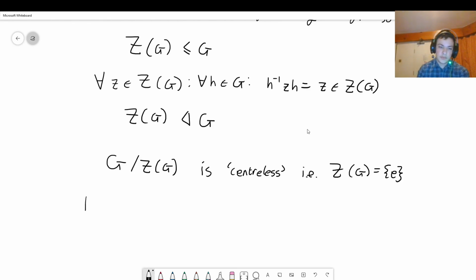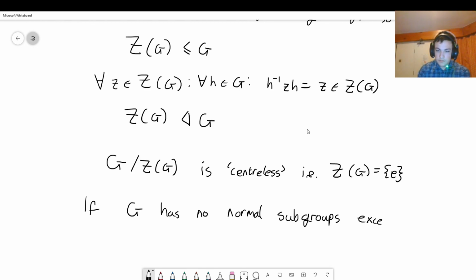If G has no normal subgroups, or no proper non-trivial normal subgroups, so no normal subgroups except G itself and the identity, which is trivially a subgroup, then G is simple, because we can't really factor it out into other parts.